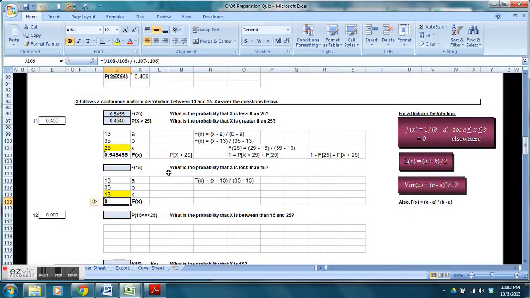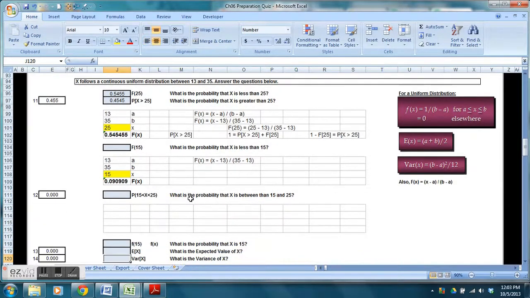That looks like 0 because we're interested in 15, not 13. And there we go. And let's look at this final probability function again. It is x right here minus our a divided by b minus a. So that looks right. Just plug and chug.